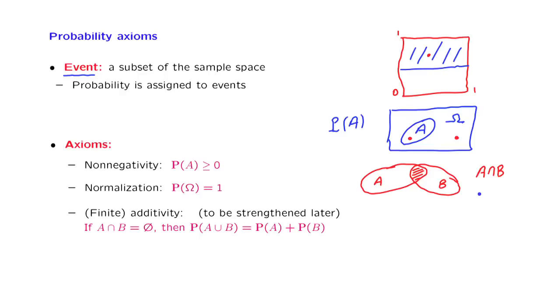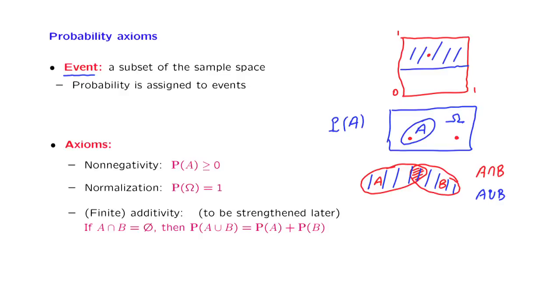We use this notation, which we read as A union B, to refer to the set of elements that belong to A, or to B, or to both. So in terms of this picture, the union of the two sets would be this blue set.